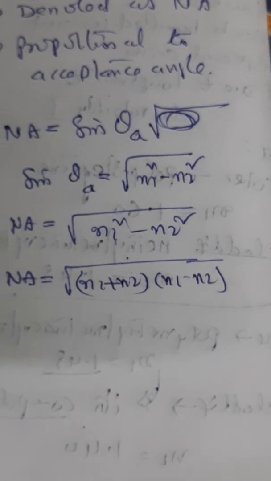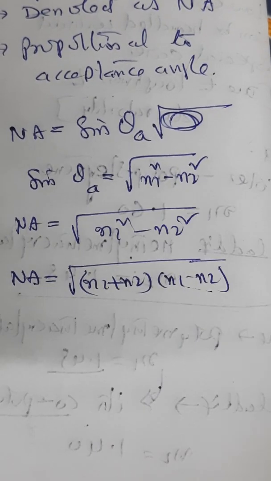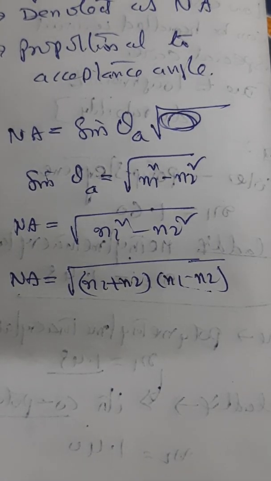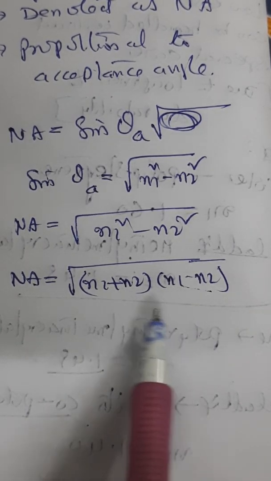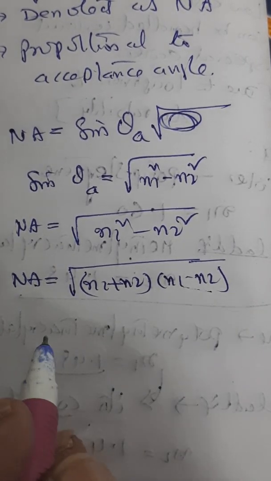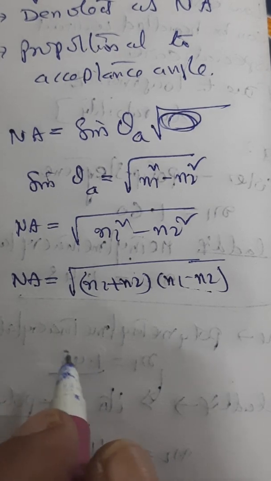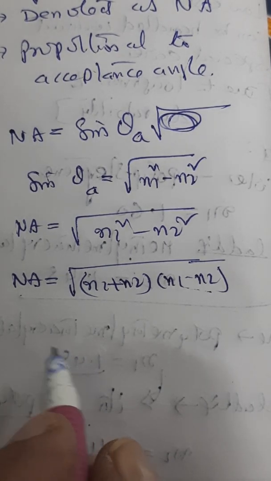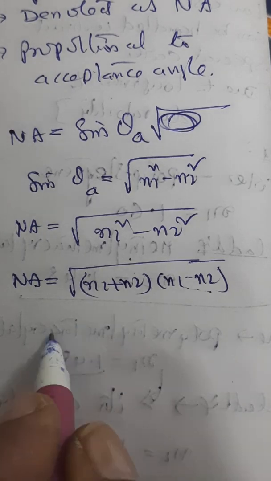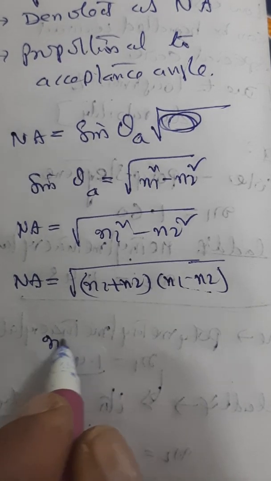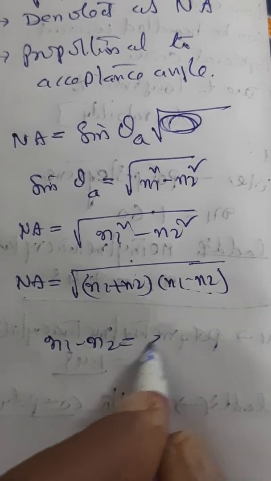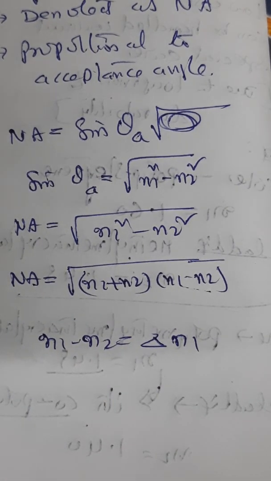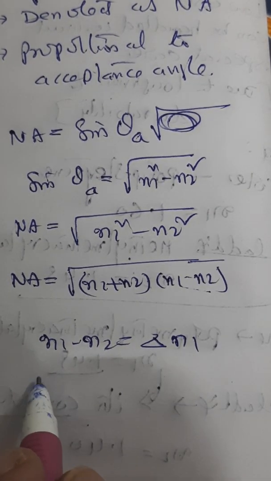Now, what is n1 minus n2? n1 minus n2 is nothing but the difference of refractive index. You can write it as delta n. So you can write this n1 minus n2 as delta n or delta n1. Therefore, what is delta?